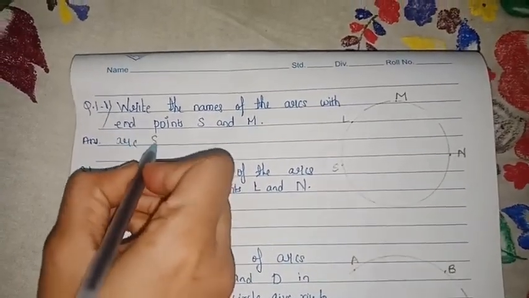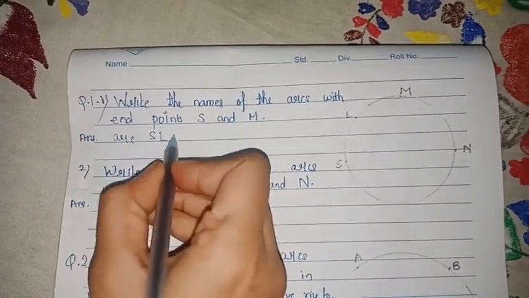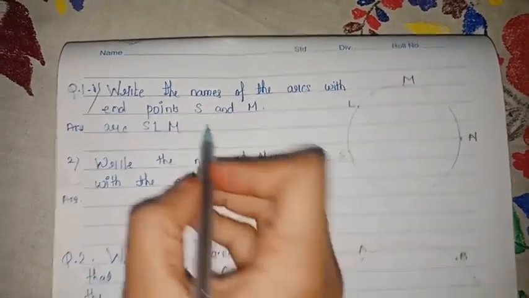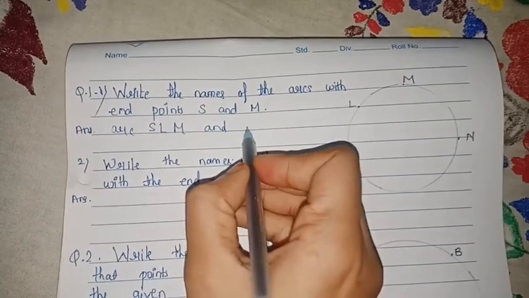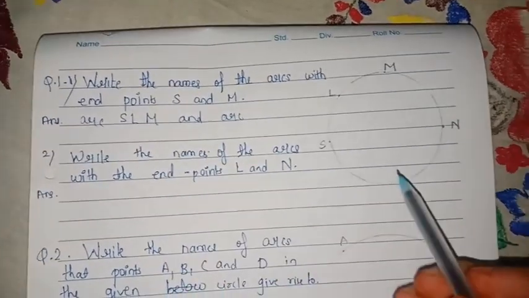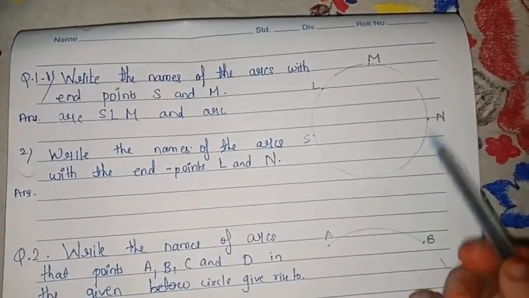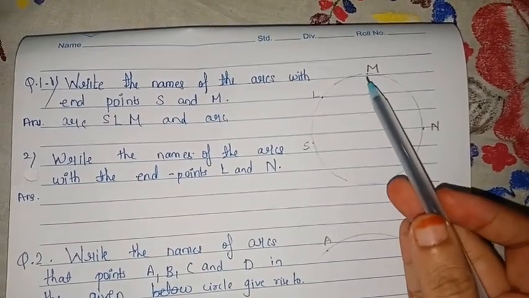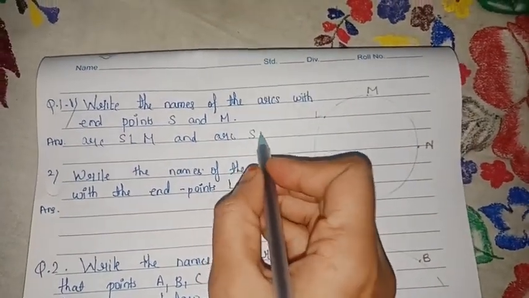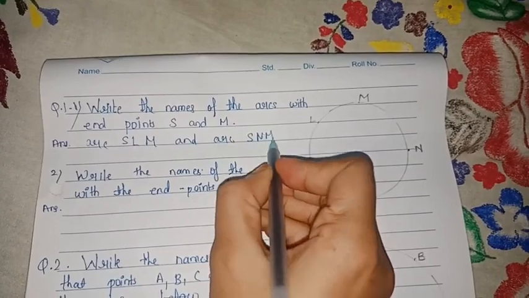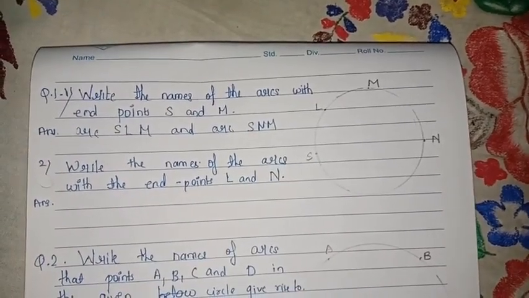Arc S, L, M and another arc S, N, M, right? S, N, M. Got it?